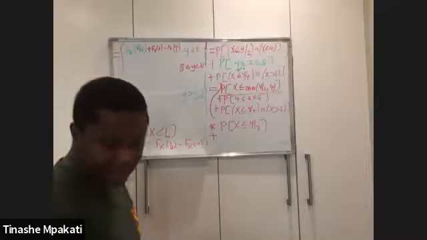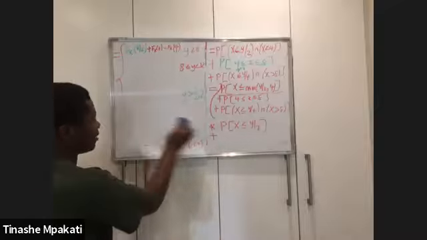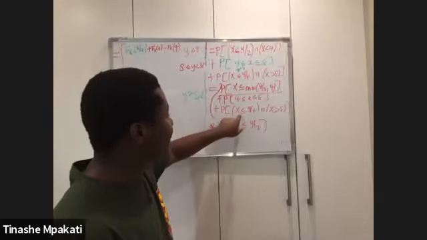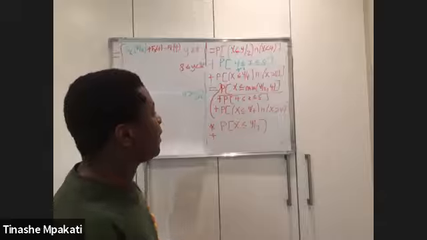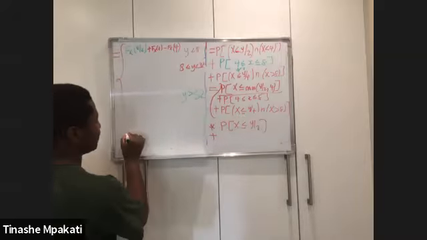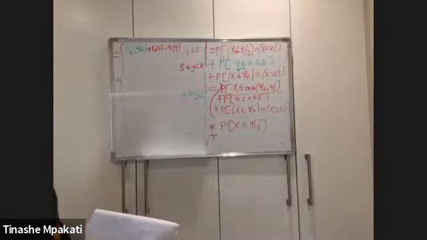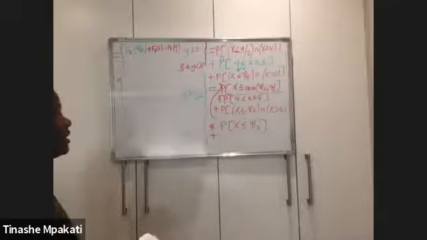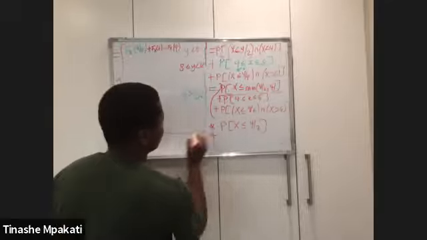Then the next part says, and this is very important now, guys, plus the probability that x is less or equal than y over 4 and x being greater than 8. I am going to draw this here. Many times you're going to have to actually draw a number line for all of this to make a lot of sense.